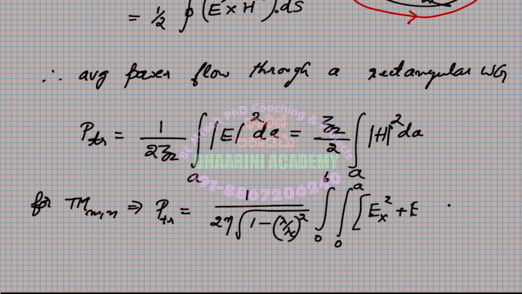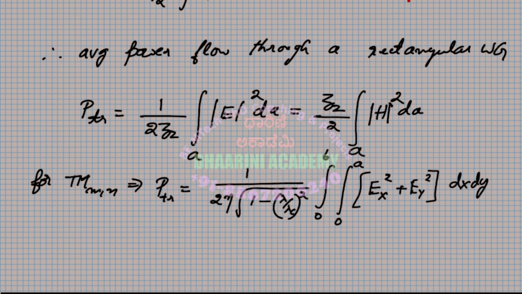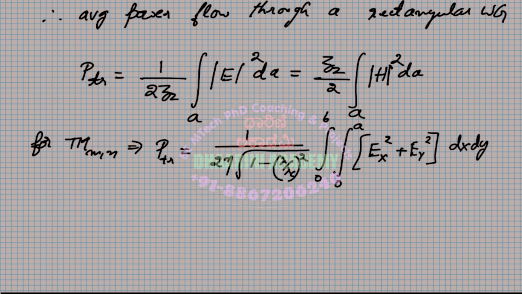I'll try to write them, Ex square plus Ey square into dx dy. You see, this becomes a double integral because one along x-axis, one dimension along y-axis. Similarly, I can actually do the same thing for Hx square plus Hy square, but anyway, I will not write that. It's easy to write.